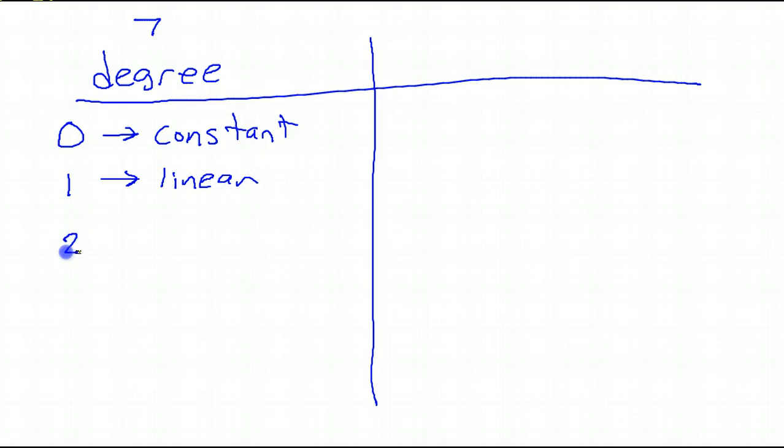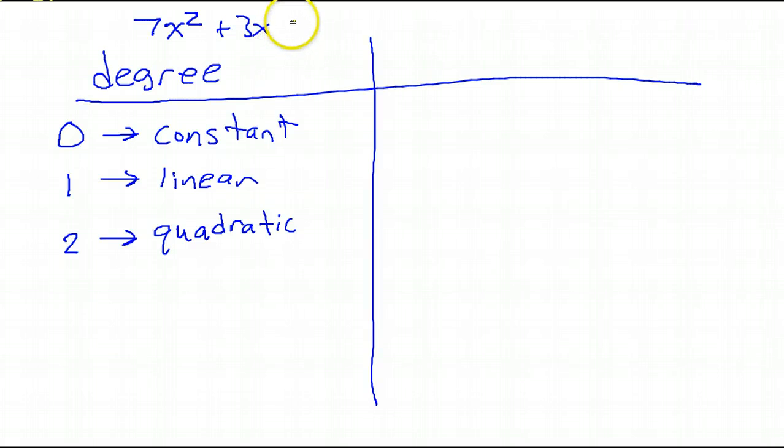By the way, linear, that would be like 7x would be linear. If we have degree 2, that's called quadratic. Okay, so that's like 7x squared plus 3x. That would be quadratic.